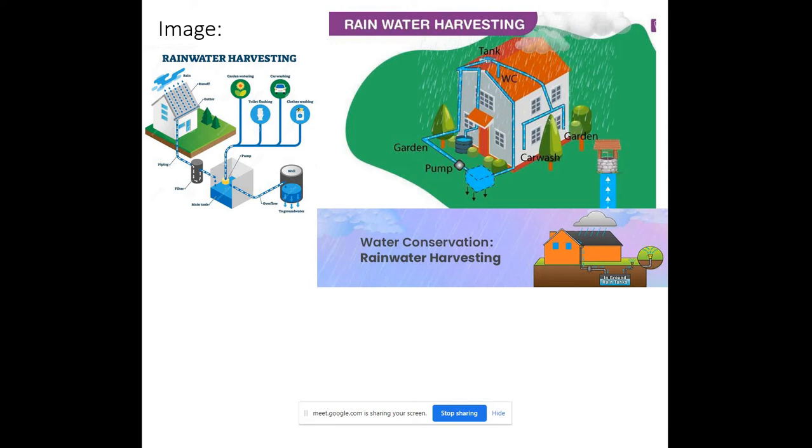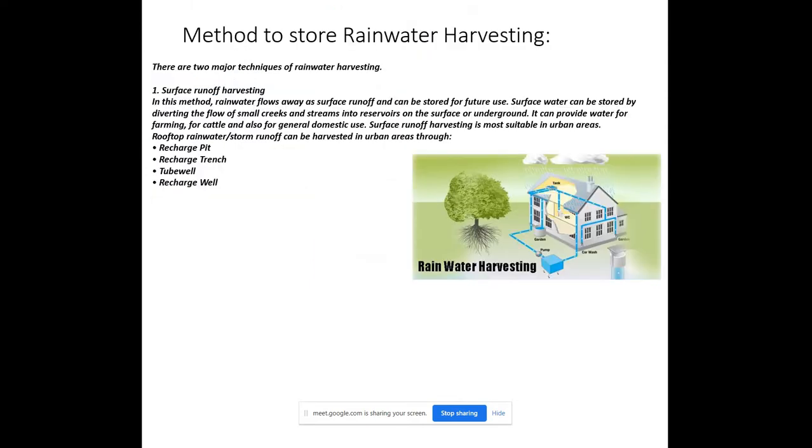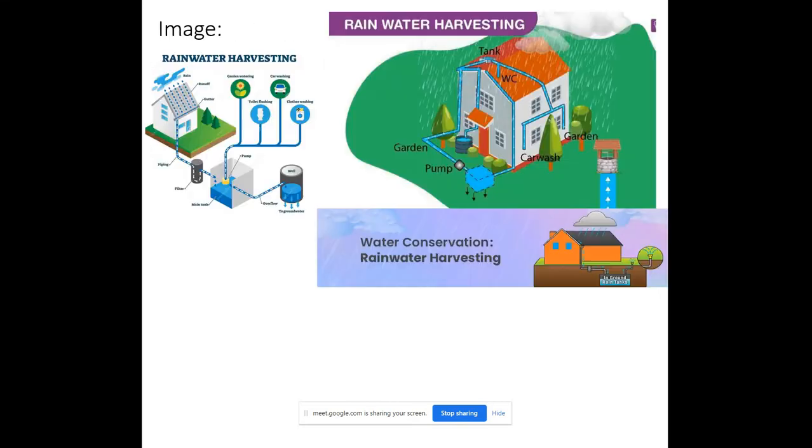It provides water for farming, for cattle and for general domestic use. Surface runoff harvesting is most suitable in urban areas. The surface rainwater can be stored in urban areas through recharge pits, tube wells and recharge wells.